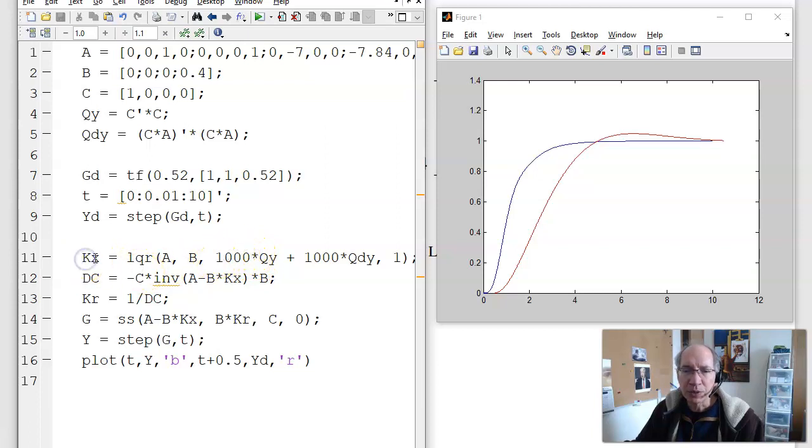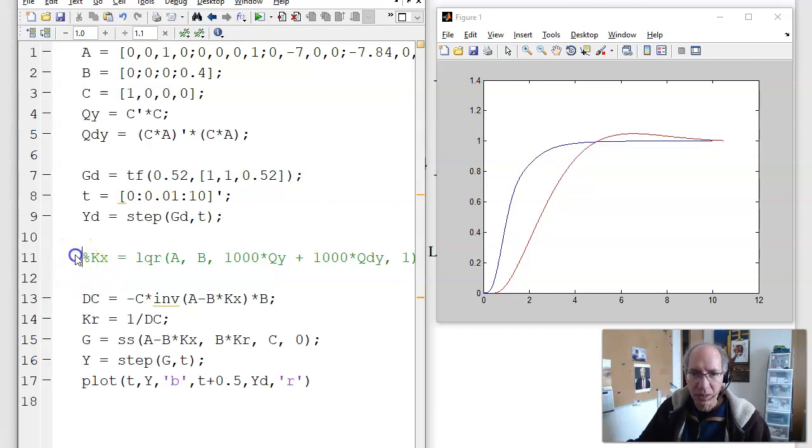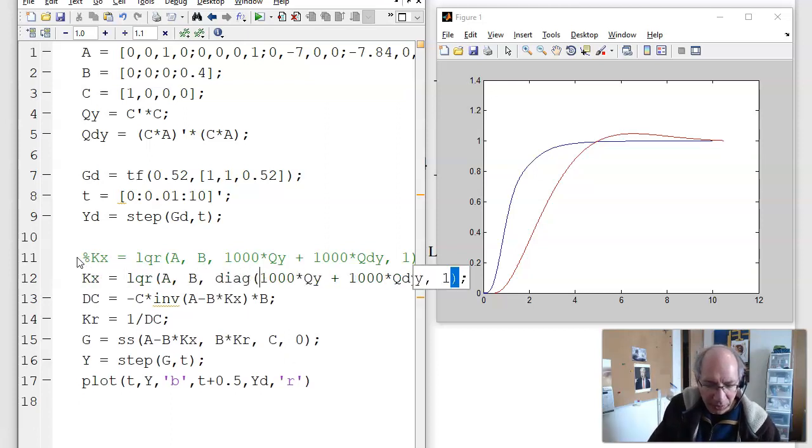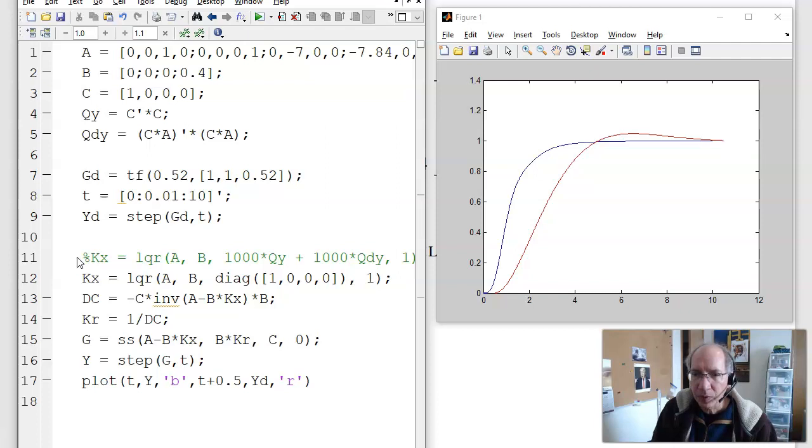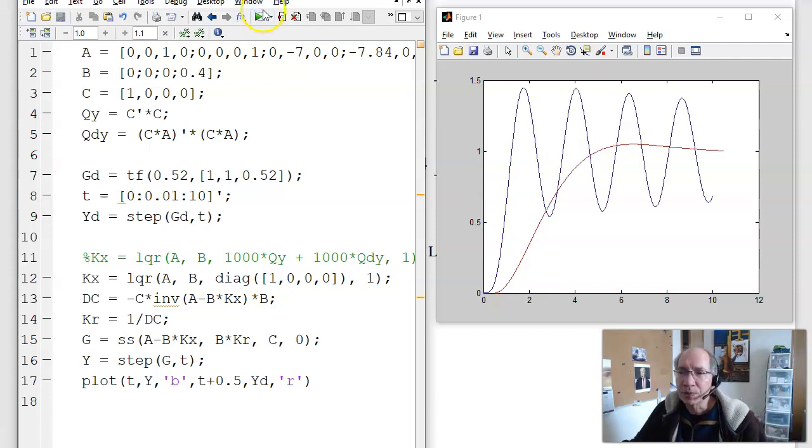Another approach, let's copy paste, is to treat these just as gains. So we're going to have Q being diagonal of 1, 0, 0, 0. Play with those 4 knobs.